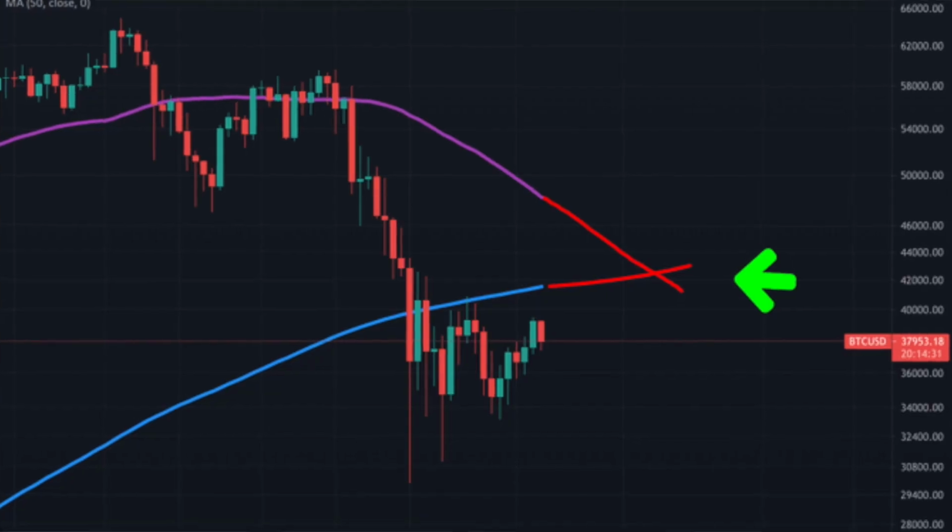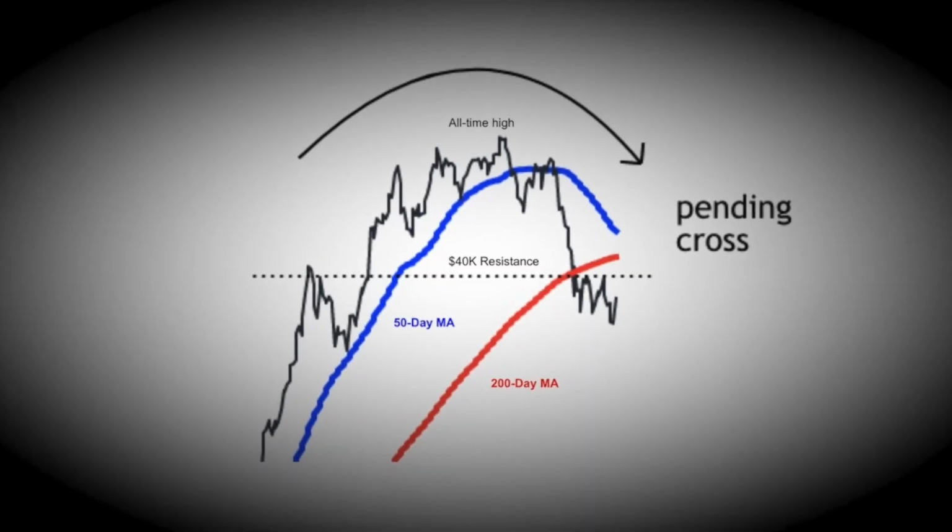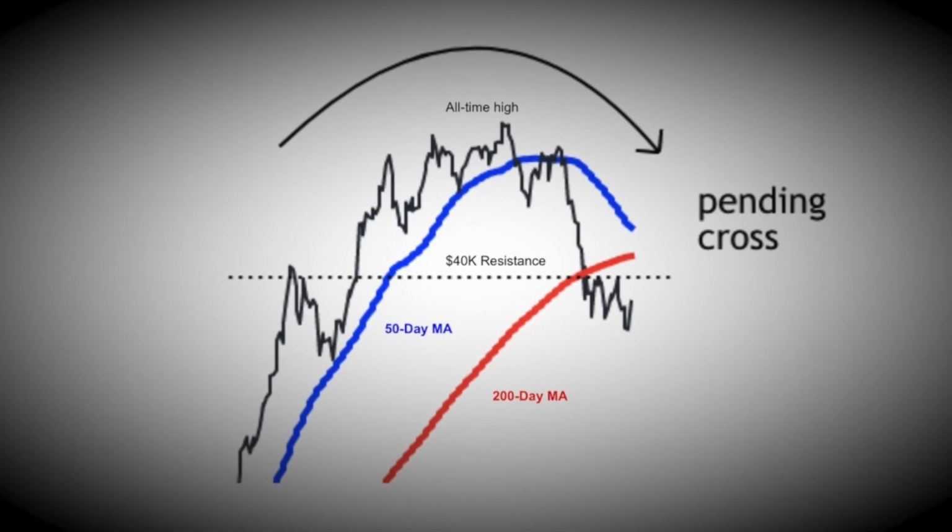Using moving averages is something we do quite often in crypto, right? We have, for example, the 200-day moving average and the 50-day moving average. When the shorter term moving average goes below the longer term moving average, we usually call that a death cross or a bearish cross.